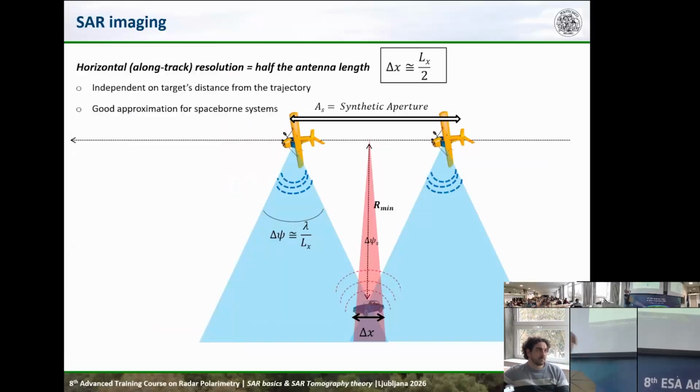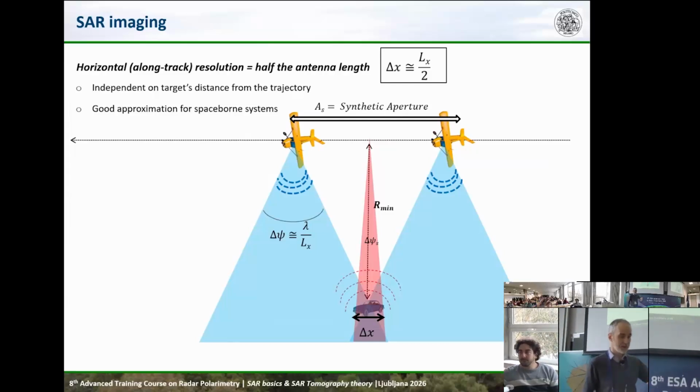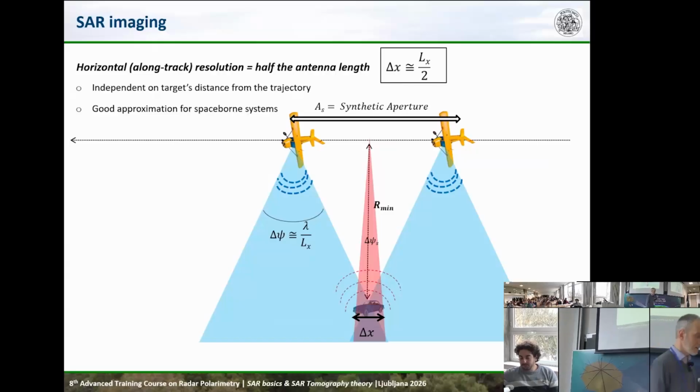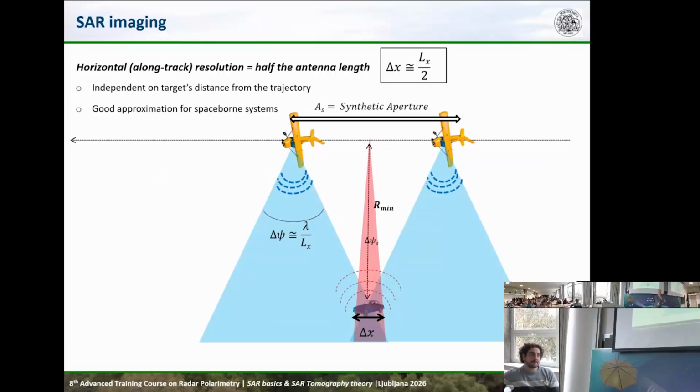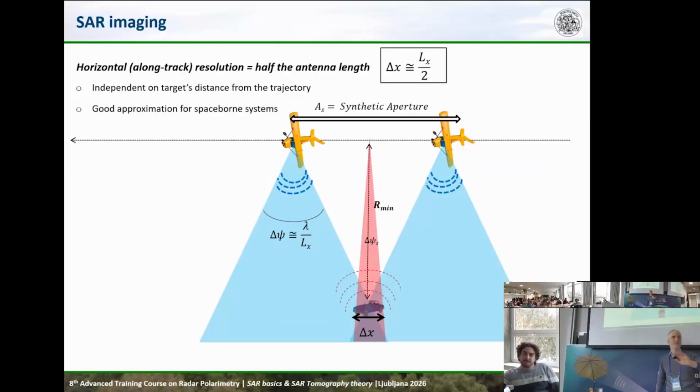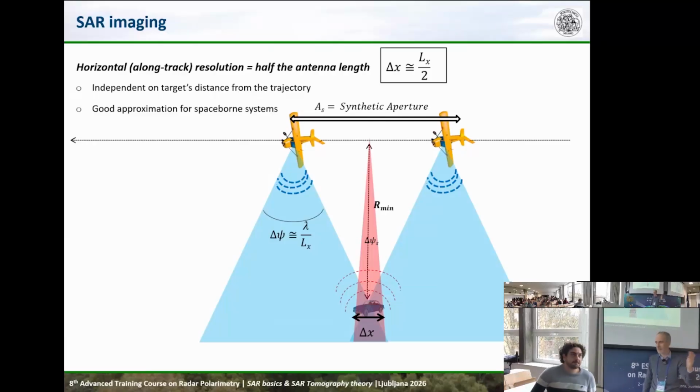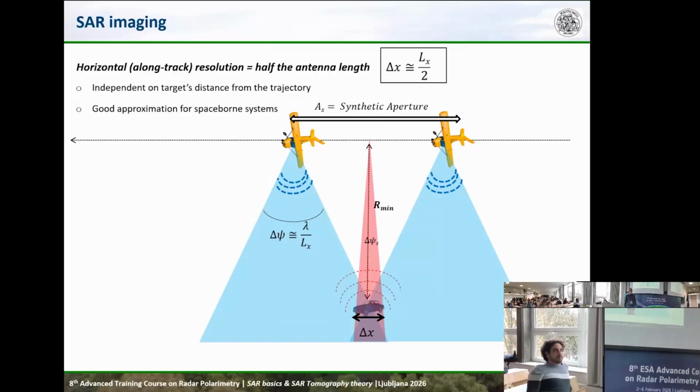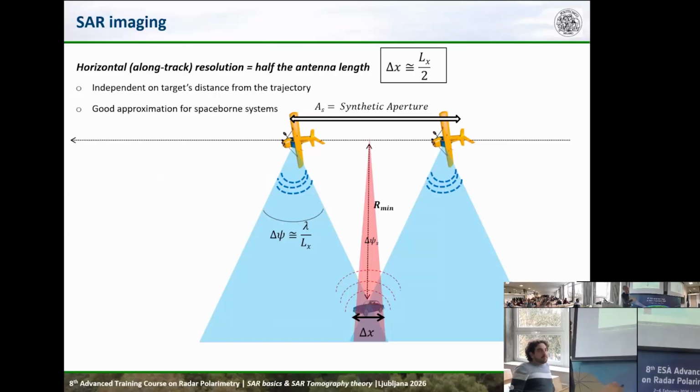And if you put in the equation that links the synthetic aperture to the length of your physical antenna, which I didn't comment on, so don't worry, just take it as external data, then you end up with this formula.